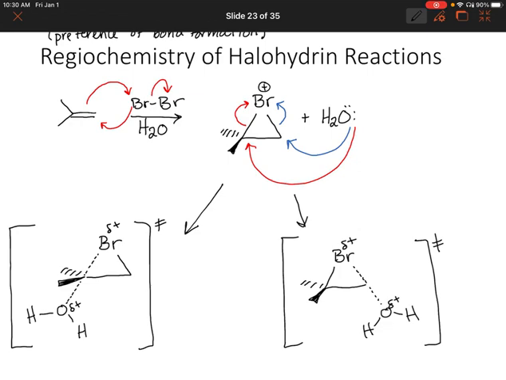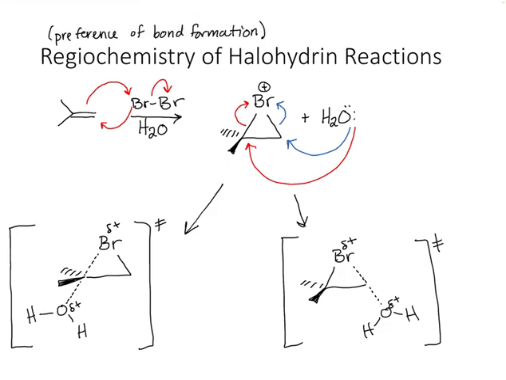So which transition state do you think is more favorable or more stable? So I'll give you a little hint. The carbon that the oxygen is trying to bond to is also partially positively charged.